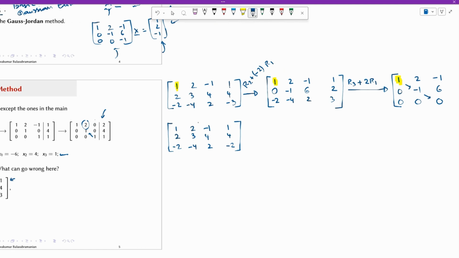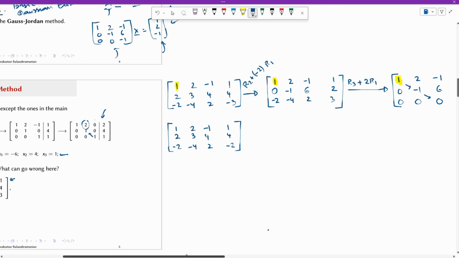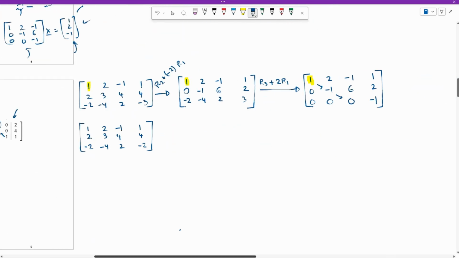And in fact, you actually don't have to do any of this because these two are exactly the same. So this part of the matrix will actually remain the same. You'll simply have to do the operations again for the last column. Do that and tell me.